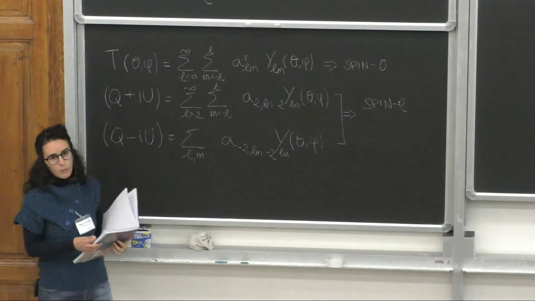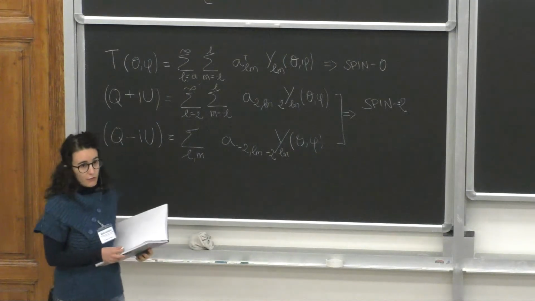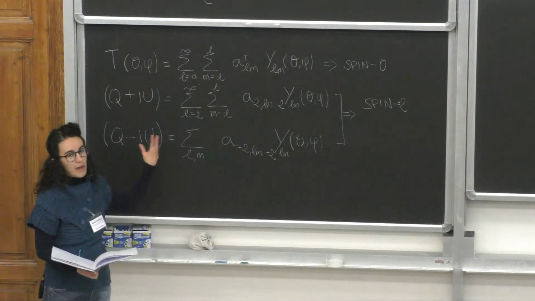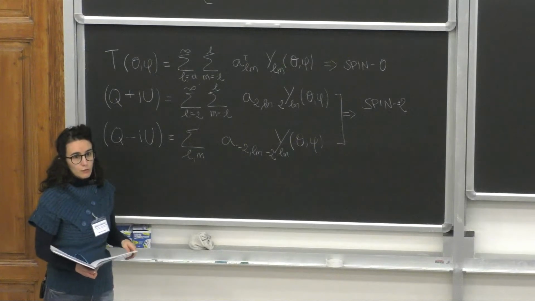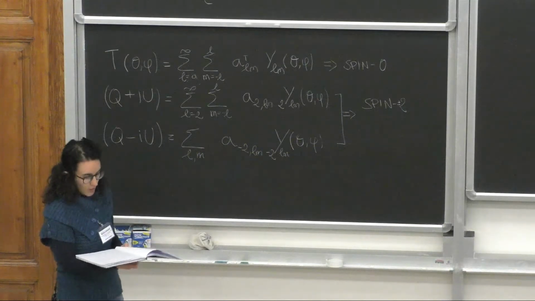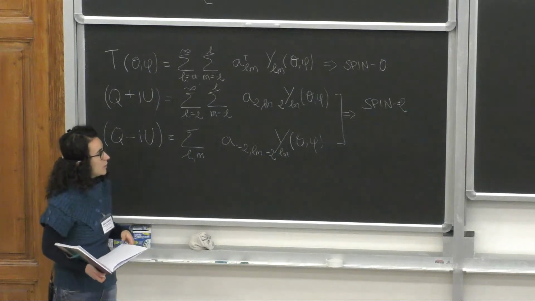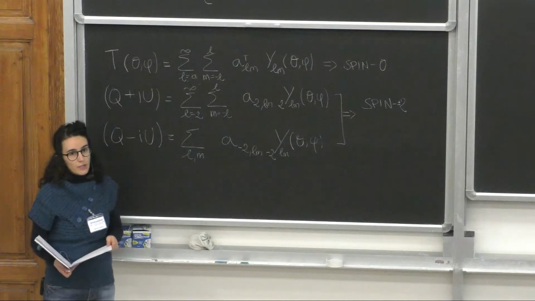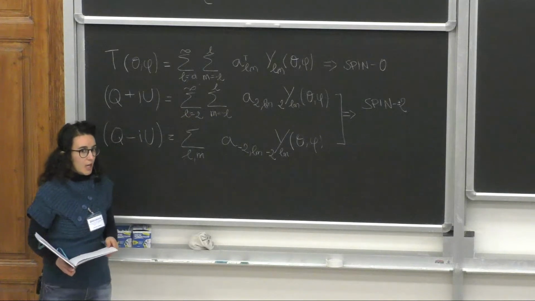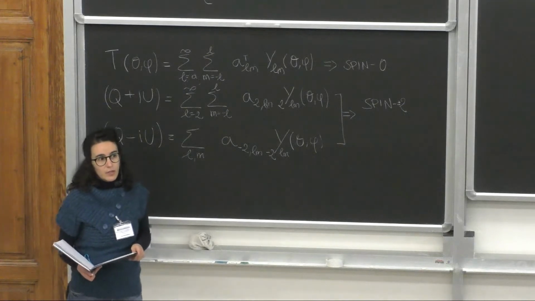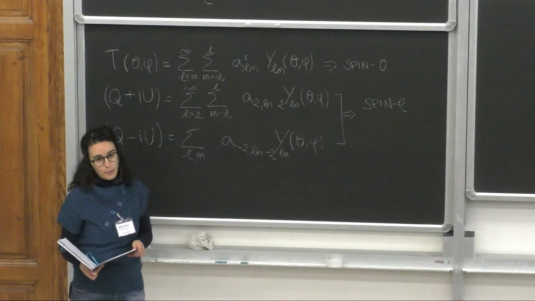It might seem complicated, what we've done so far, but this is useful because it allows us to expand these quantities and so to treat more easily their angular dependency. Now we have another issue though, which is an observational issue. Remember that Q and U represent the degree of linear polarization.